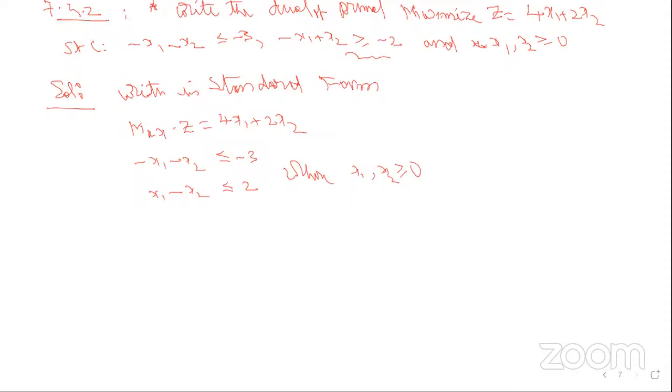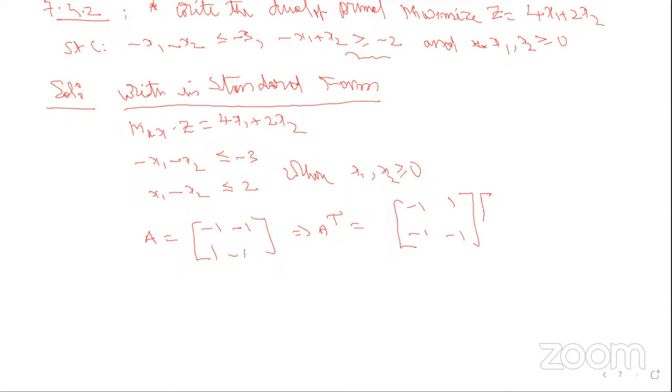So first, by our concept, we need to transpose. Matrix A equal to minus 1, minus 1, 1, minus 1. That implies A transpose. A transpose means rows become columns, columns become rows. Minus 1, 1, minus 1, minus 1. You consider W1, W2 or Y1, Y2 as you wish.